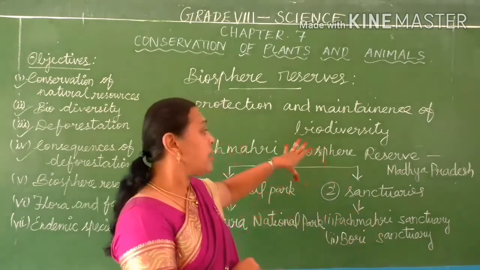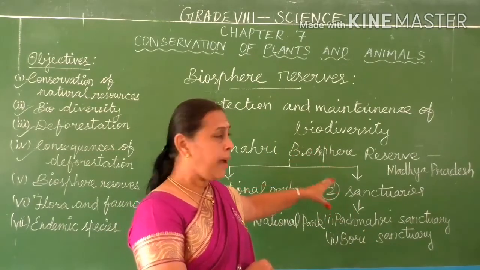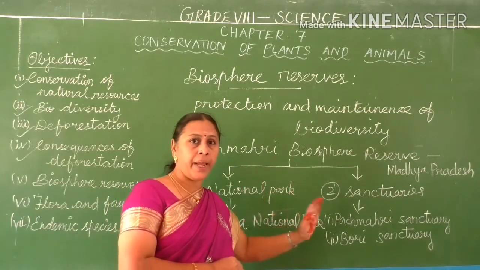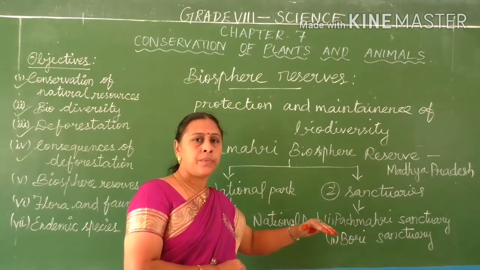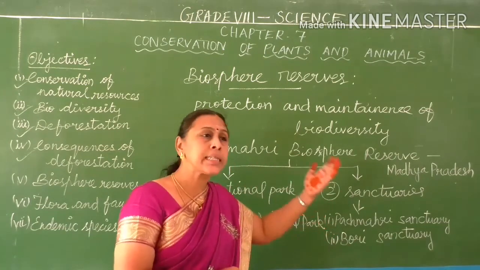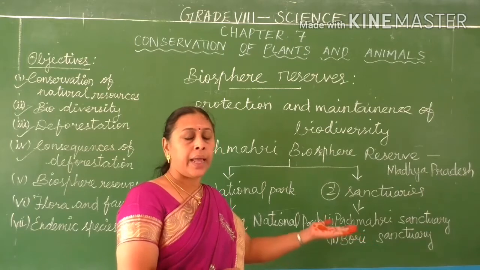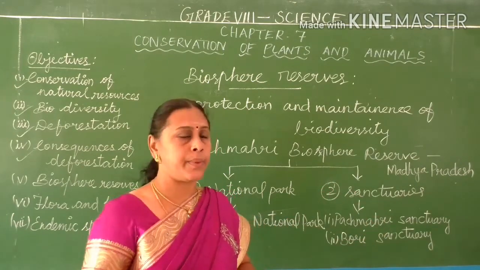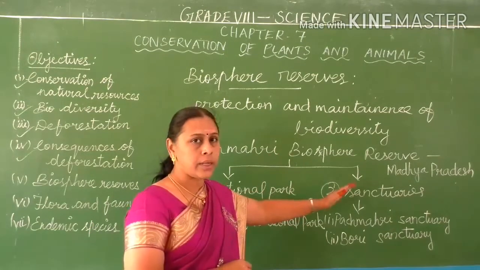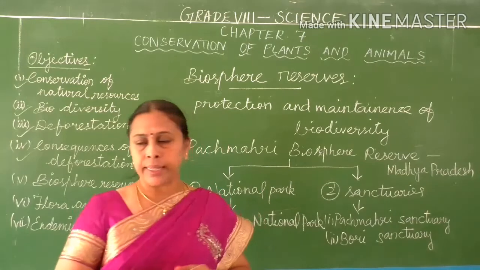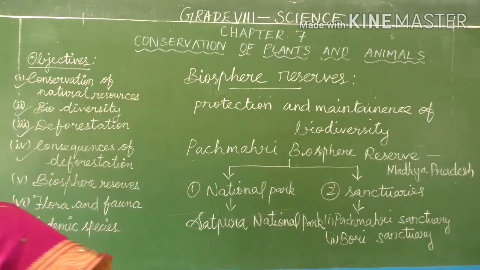So it is a protected area where the wildlife will be conserved. No one can enter without permission. No one can disturb the wildlife. They live in their natural habitat without any disturbance. That is called a biosphere reserve. One such in India, with a national park and sanctuaries.